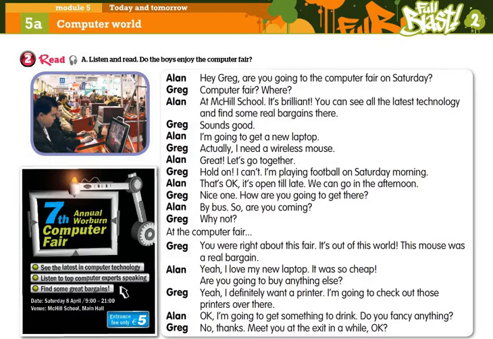So the place where new generation or new brands of computers show and provide their products to the consumers, like new computers, accessories, for example, new products that they offer for the consumers, right?